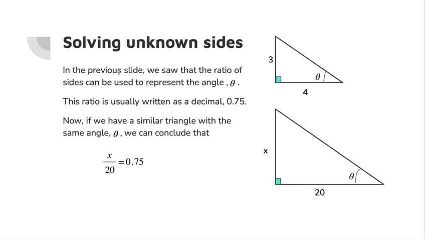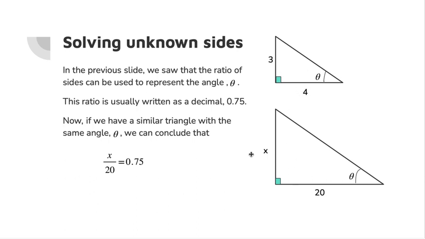So in the previous slide, we saw that the ratio of the sides can be used to represent the angle. And this ratio is usually written as a decimal. Now, if we have a similar triangle with the same angle, then the ratio of these two sides should be the same as the ratio of its smaller version.